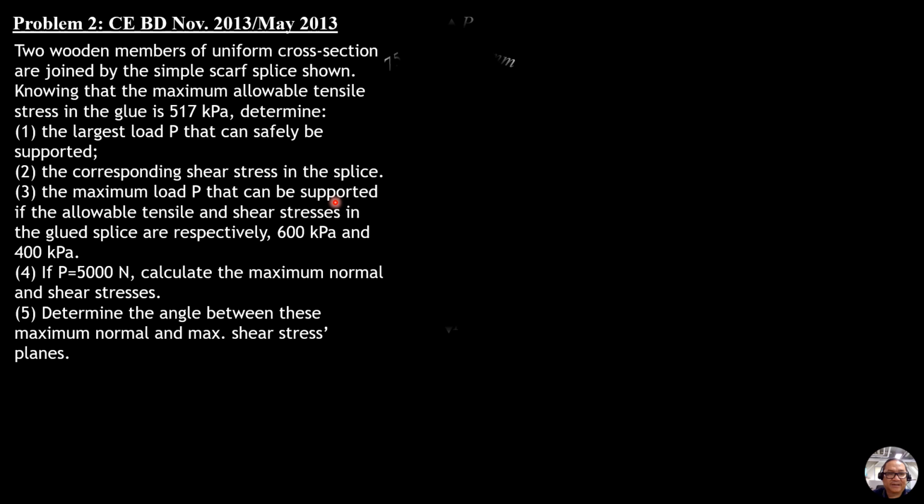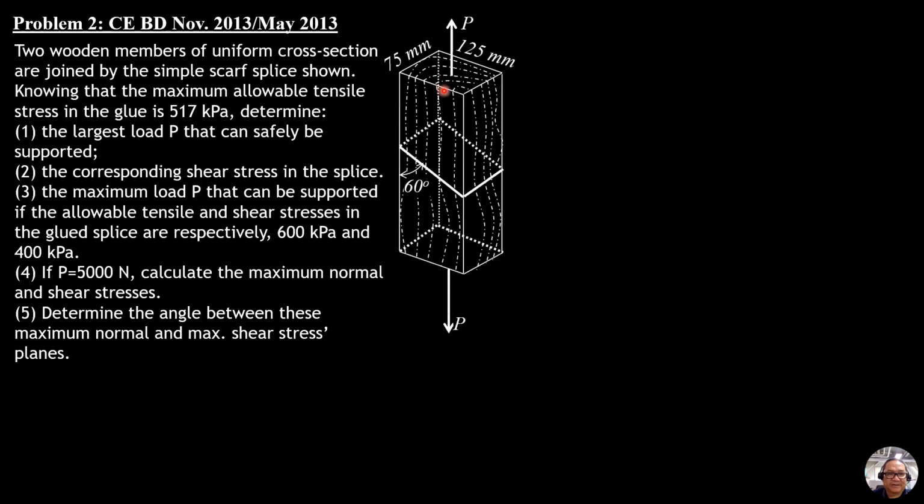So we have here the given figure, and I'll call the area of this rectangular section 125 times 75. Let's project it here. Call that theta. And the angle theta is the angle that the inclined plane makes with the horizontal.